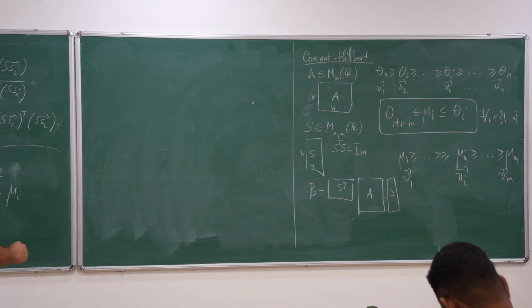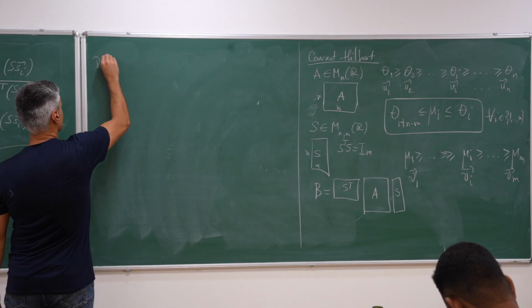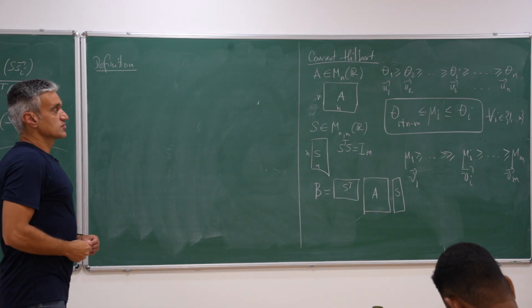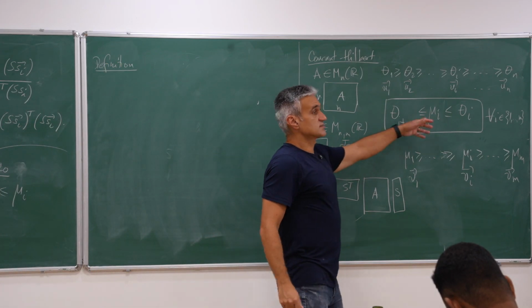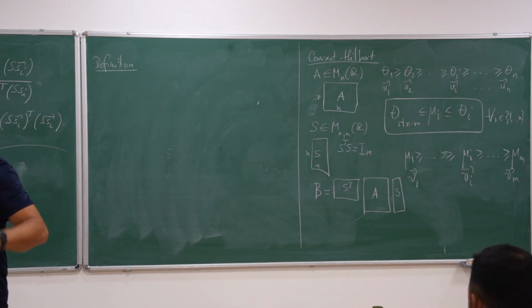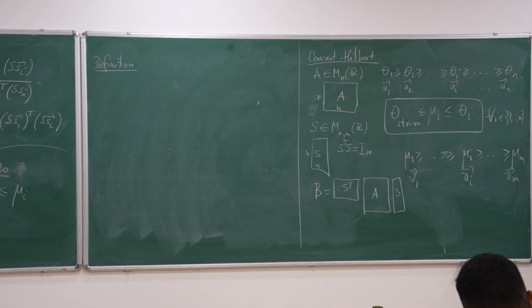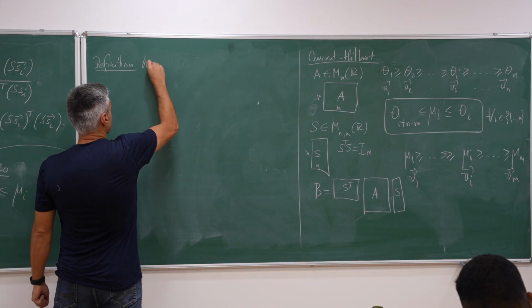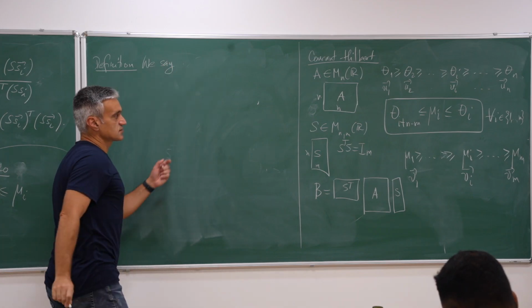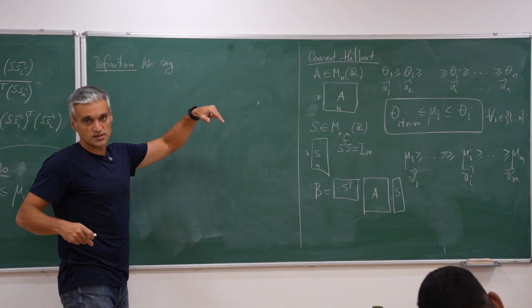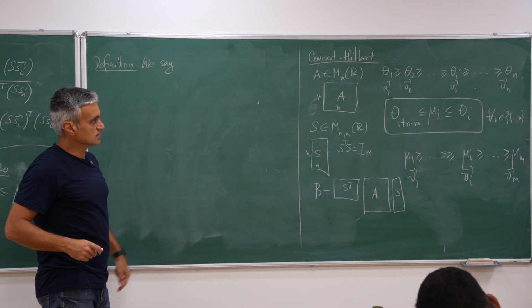Now I'll give you a definition. Here it may happen that you have equalities in these inequalities because they're not strict. And if you have equalities in pretty much all of them, you have something called tight interlacing. So I'll state a general definition for mu interlacing theta.